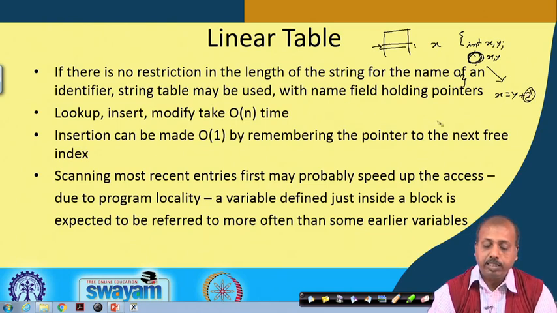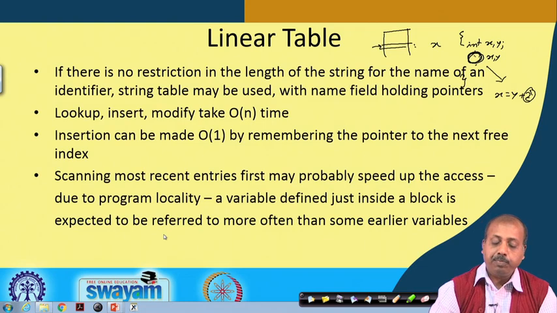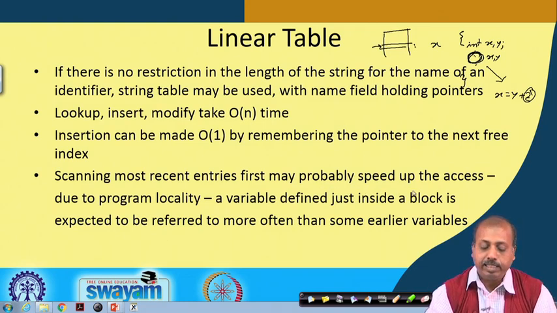So, scanning the most recent entries first will probably speed up the access process. As a result, the compilation will be faster, and a variable defined just inside a block is expected to be referred to more often than some earlier variable.